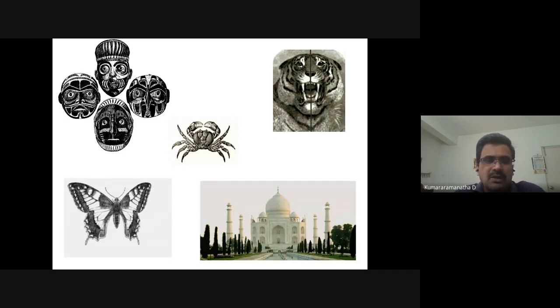Can someone tell me in all the 5 images what kind of symmetry it is? All 5, or one common symmetry? What exactly does symmetry correspond to?